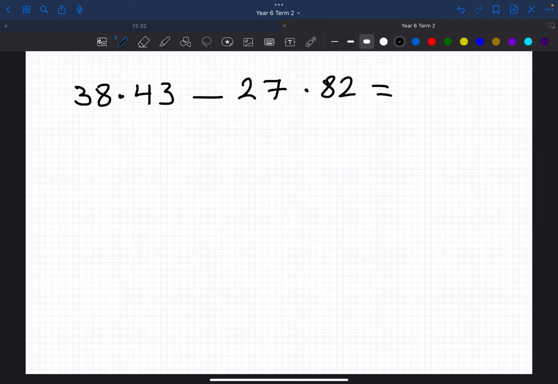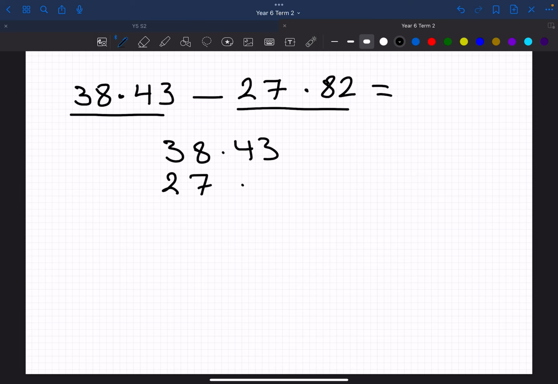First thing to do is put the number on the left up and the number on the right down. So take the number on the left, 38.43, and the number on the right, 27.82, down. Remember, boys and girls, that we put the hundreds under the hundreds, the tenths under the tenths, of course decimal point under the decimal point, units under the units, and tens under tens.